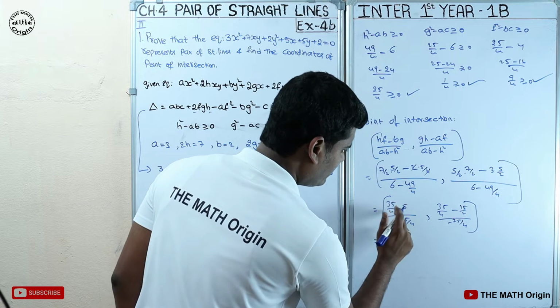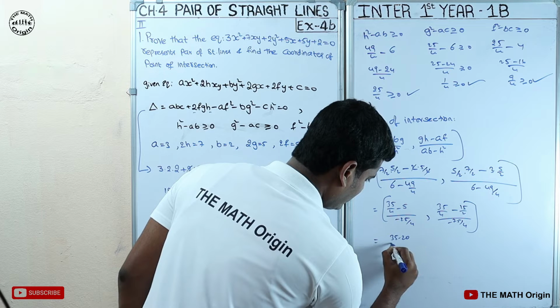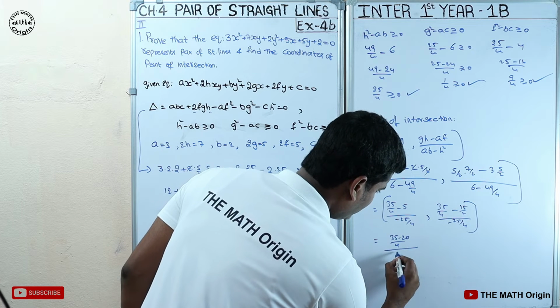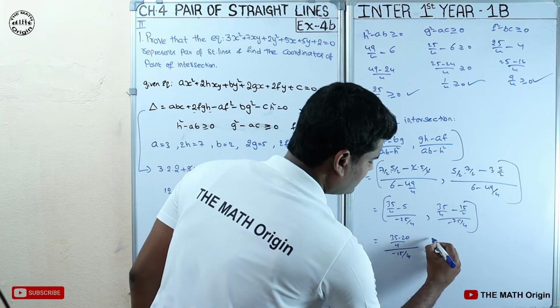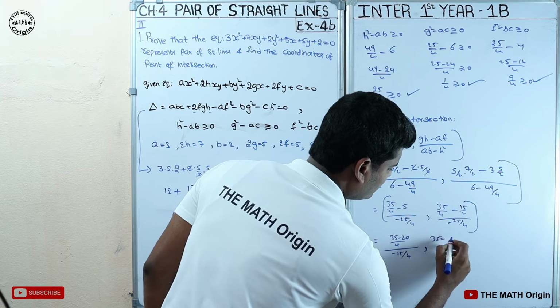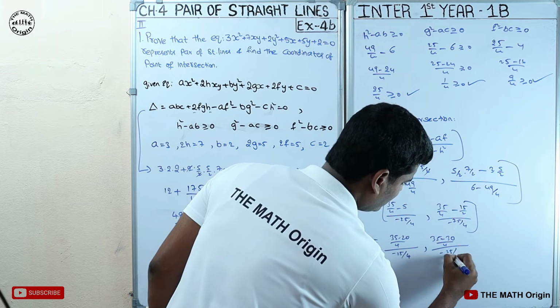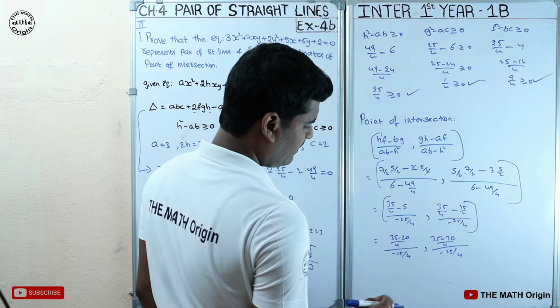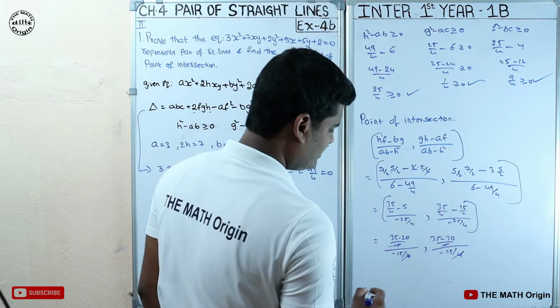Now if you see from here, it is 35 minus 20 by 4 whole divided by minus 25 by 4, comma, here it is 35 minus 30 whole divided by 4 whole divided by minus 25 by 4. 4 is cancelled.